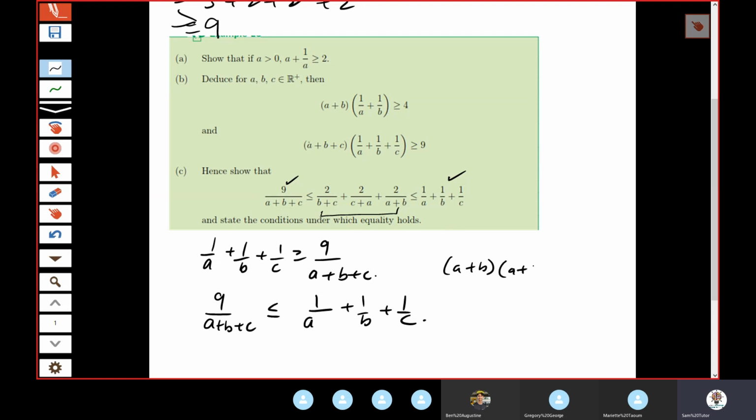So A plus B, A plus C, and B plus C. You would get 2, and then A plus B, A plus C, plus 2, B plus C, A plus B. Is this overkill? I think so, because it's going to become A squared, and then AC, and then AB, and then BC, and then BA, B squared, AC, 2AC, plus 2AC is 4AC.